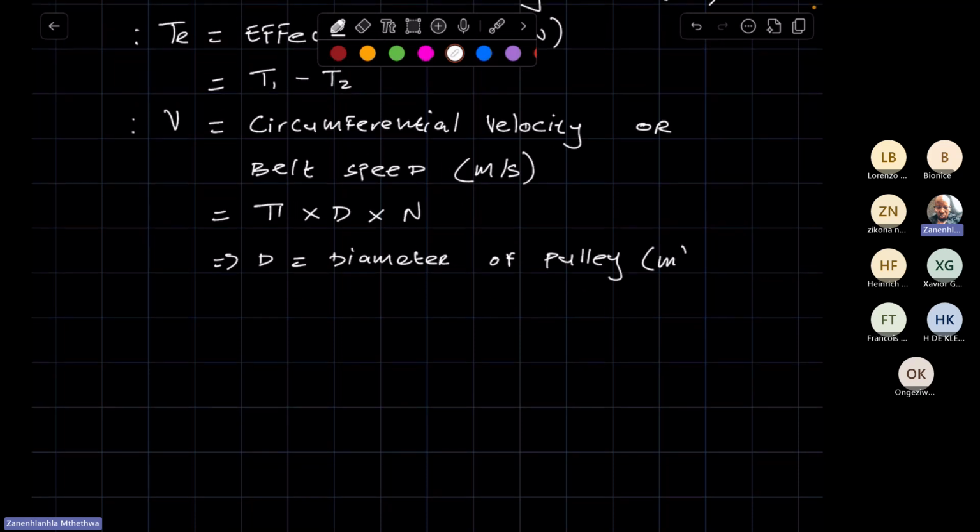This has to be in meters. And then N is the rotational frequency of the pulley.